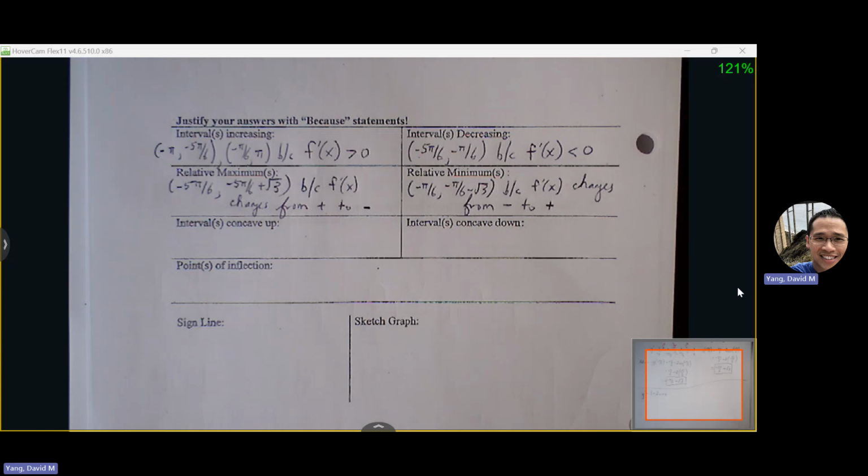Right? We can also now go to our second derivative sign line, list out our intervals of concave up, concave down, and points of inflections.